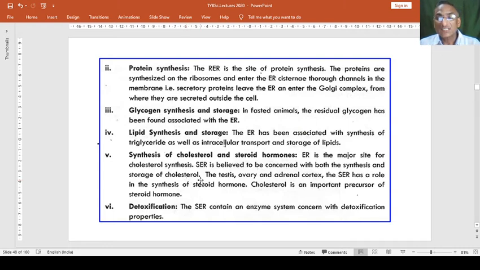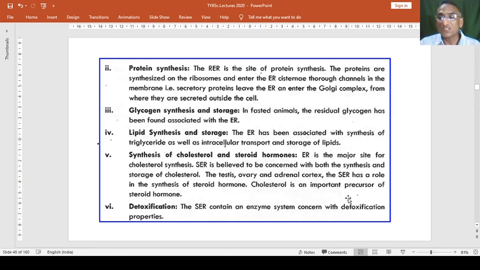The testes, ovary, adrenal cortex, etc. cells show SER, smooth endoplasmic reticulum, and it has a role in the synthesis of steroid hormone. So steroid hormones in the body are mainly synthesized by smooth endoplasmic reticulum in the cells, specifically in the testis cells, ovary cells, and adrenal cortex gland cells.